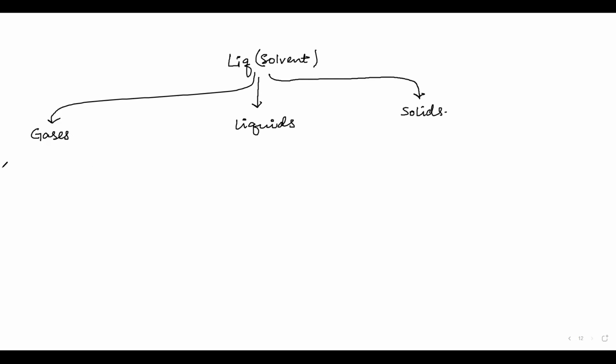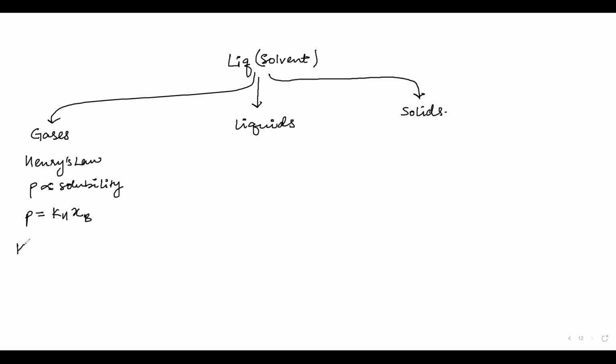When we dissolve a gas, what happens? Henry's law. That means the partial pressure is directly proportional to solubility. Generally in NCERT and your syllabus, solubility is expressed as mole fraction, chi.